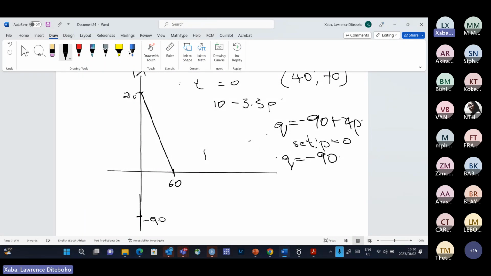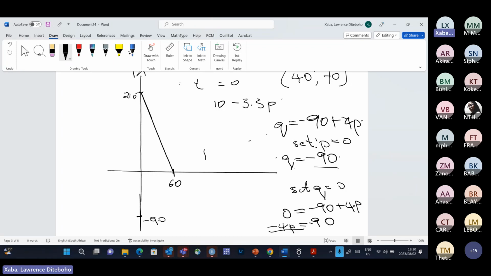Now using the same equation, our interest is to find the value of P. If we want the value of P, we set Q equals to 0. When we set Q equals to 0, we end up having 0 equals to negative 90 plus 4P. Then we take this to the other side, and we end up having negative 4P equals to negative 90.